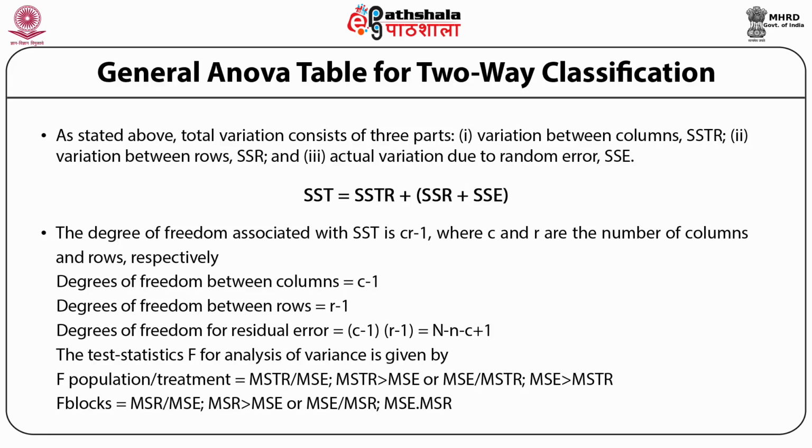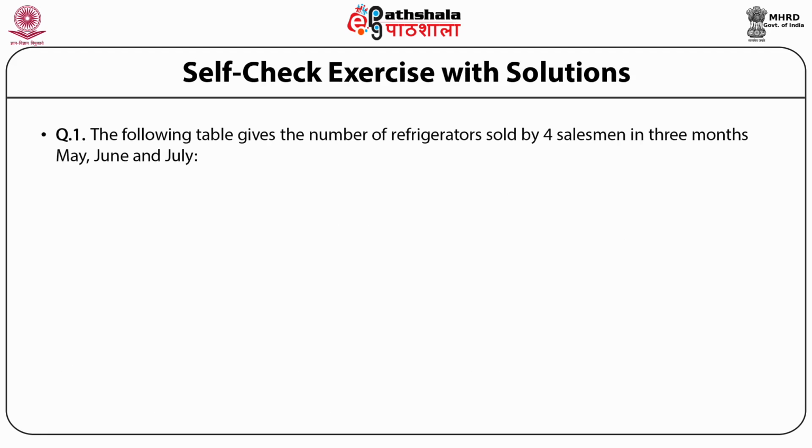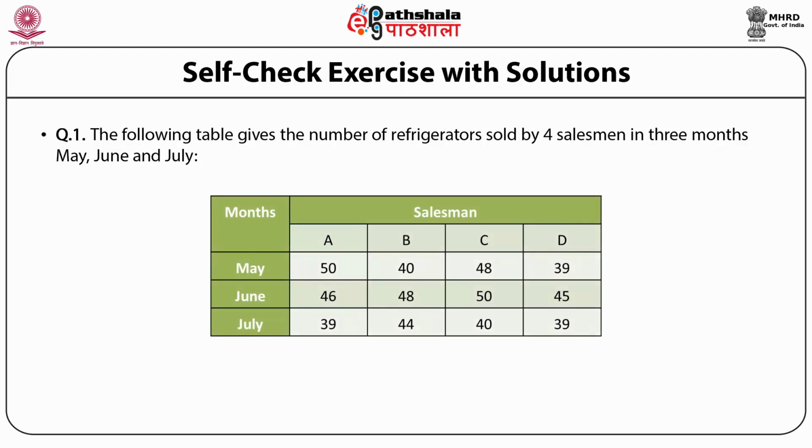Let's take an example to understand how we can do the hypothesis testing with more than two populations. Question 1. The following table gives the number of refrigerators sold by 4 salesmen in 3 months, that is May, June and July. We want to see, is there a significant difference in the sales made by the 4 salesmen?